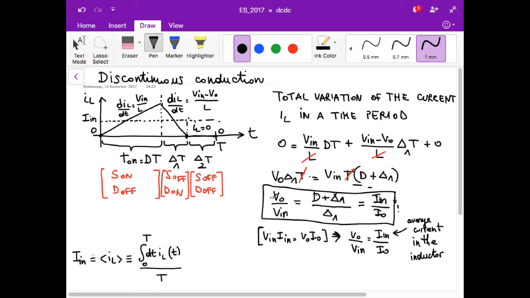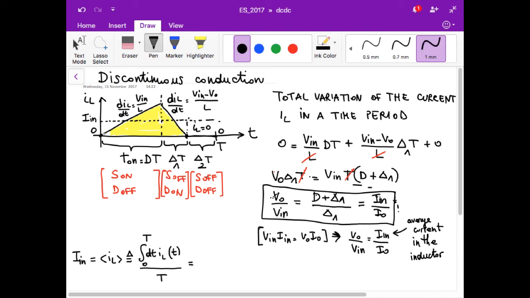This is just a definition, okay? The integral of the IL is this area. That is easy to write because it's a triangle.